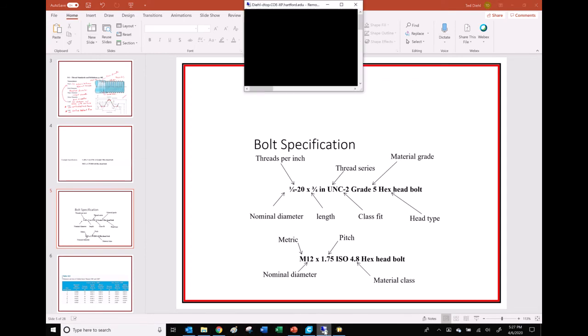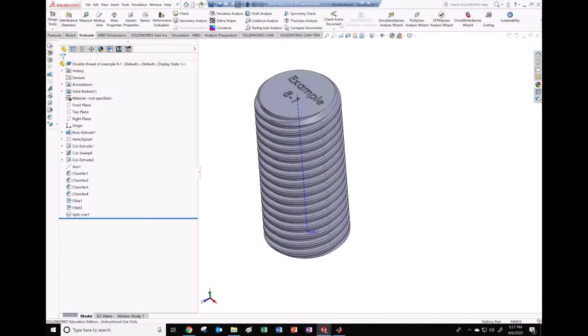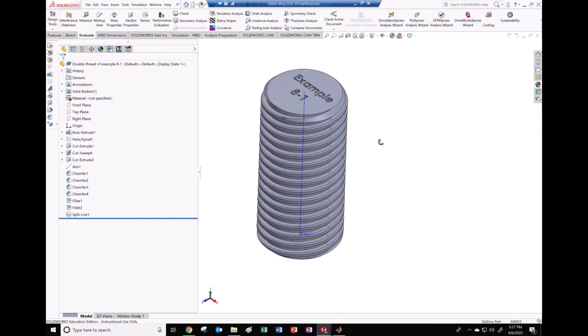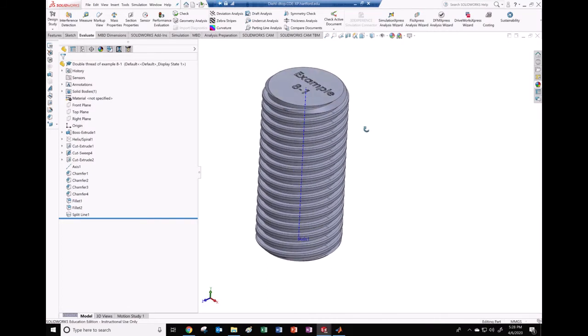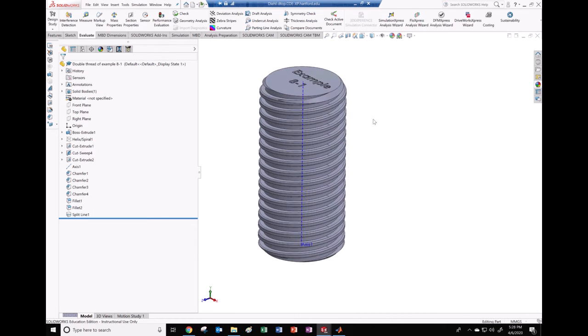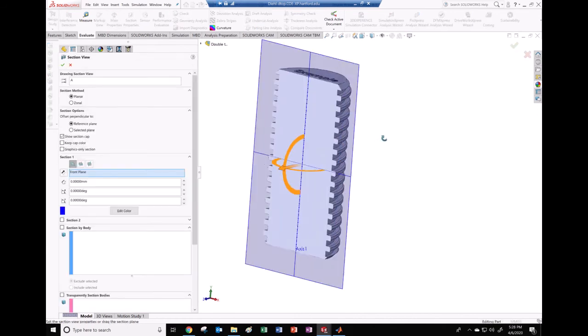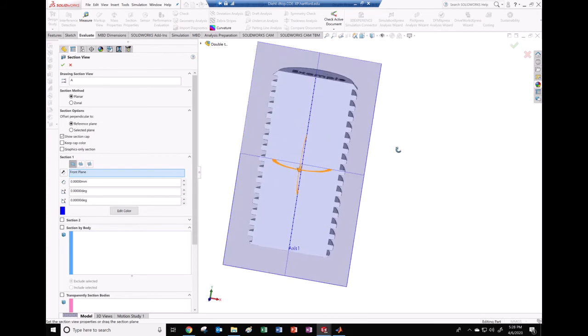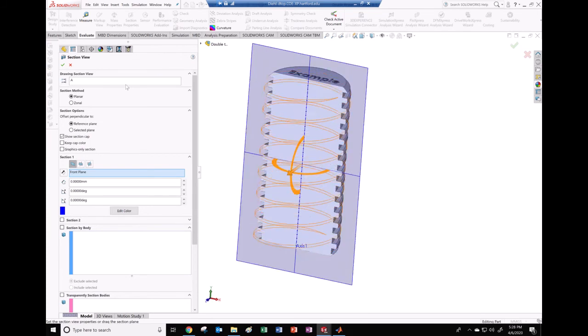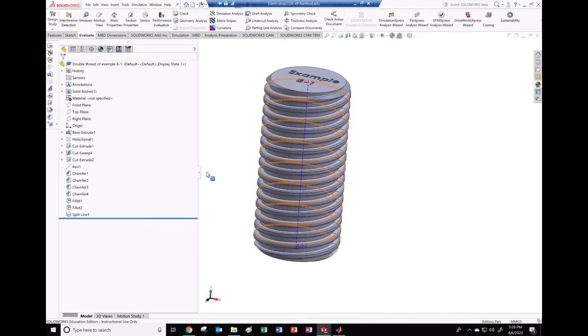So anyway, right up here is, out of the book, example 8.1. So these are the dimensions that get used in example 8.1. And if you were just to take a look at the cross section of this, you might not be able to tell, but this is actually a double-threaded bolt.